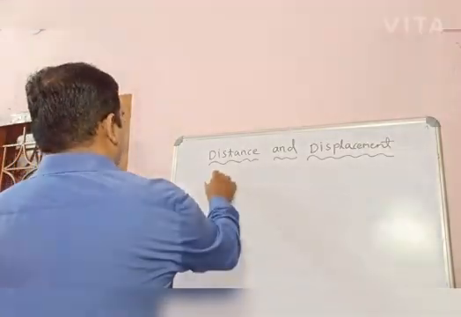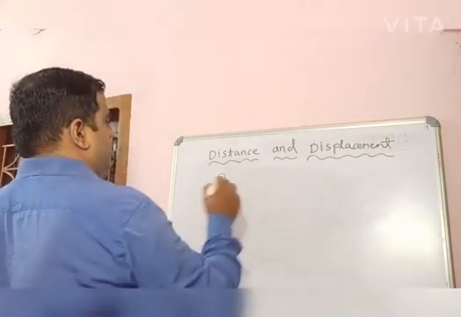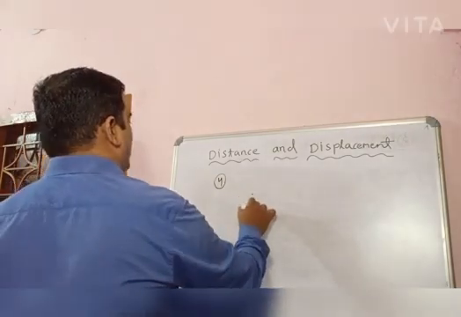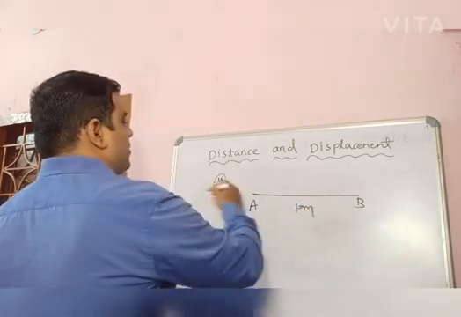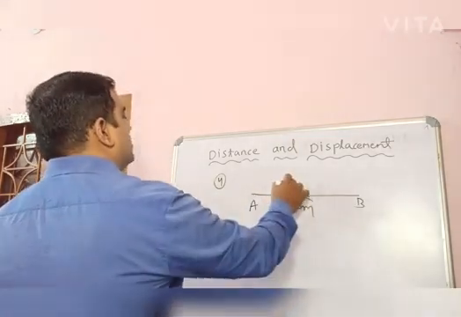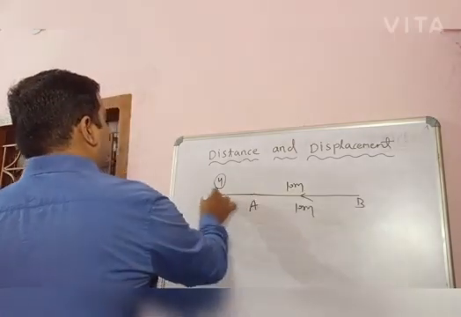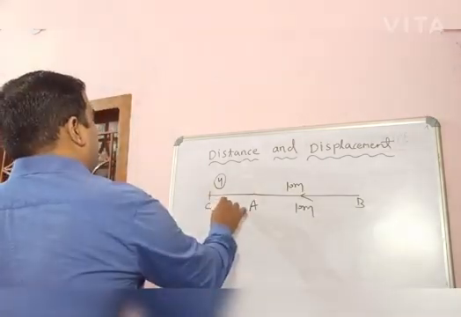Okay, then another example, number 4. When a body goes from A to B, let the distance be 10 meter. When it moves in backward direction, it is also 10 meter, and then goes to C, it is 4 meter.